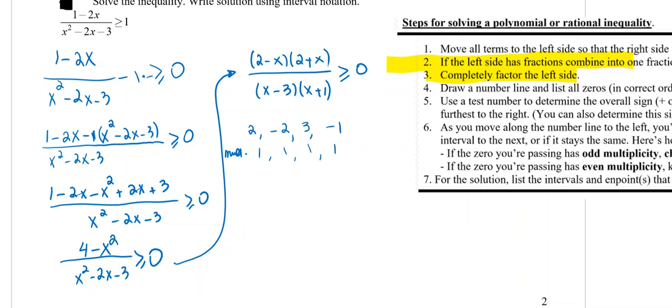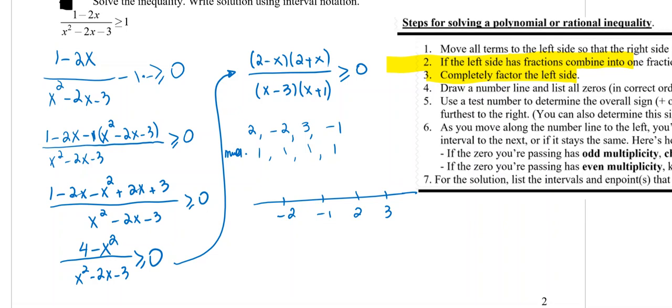This one's easy in that sense because we don't have to worry about whether or not the signs change. They will change. All the signs alternate as you go through those zeros. So let's put them on a number line. Negative 2, negative 1, 2, 3. Now, always start with this one when you're doing it this way.